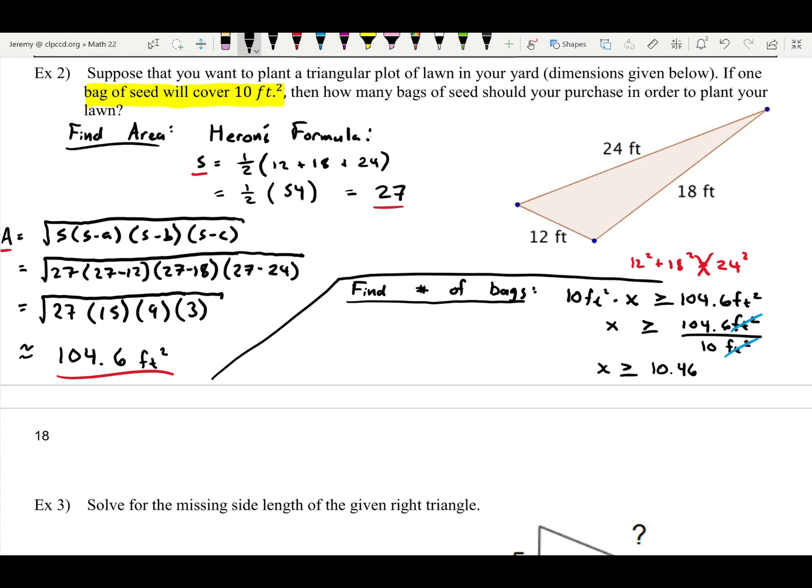Okay, so we need 10.46 bags. That could be our answer. We could say that. But assuming that we have to purchase whole bags, I'll say 11 bags are required. Okay, so I'll list that as my answer. 11 bags are required.